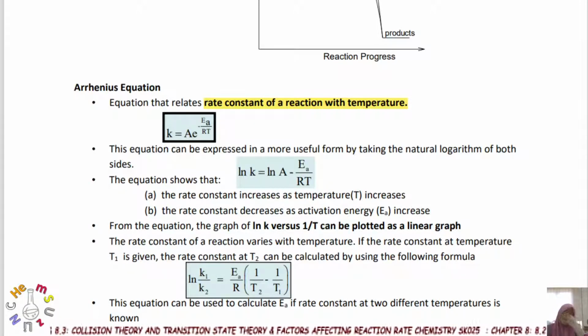Tapi Madam confused. What are the factors that affect the rate constant? My dear?